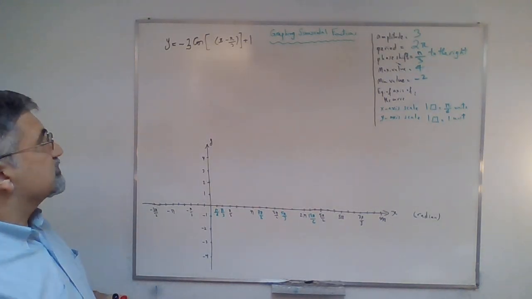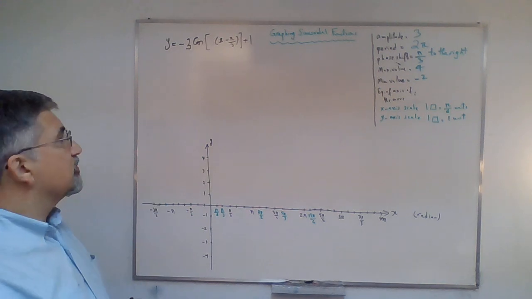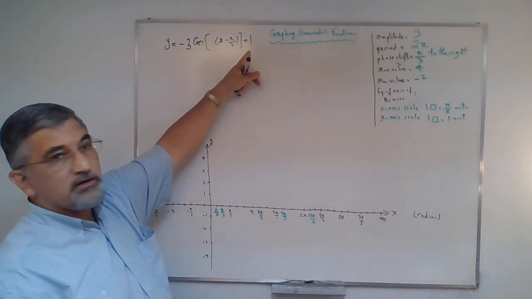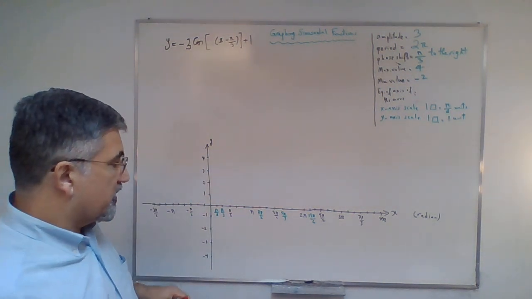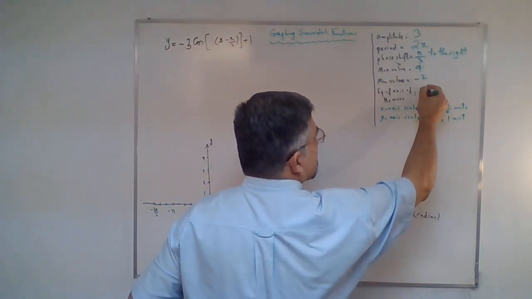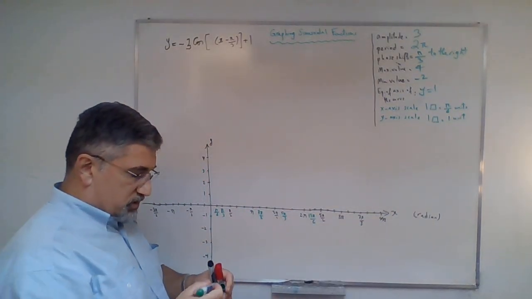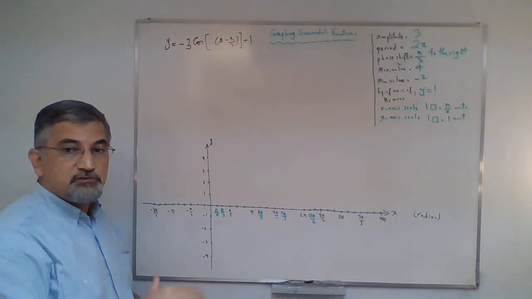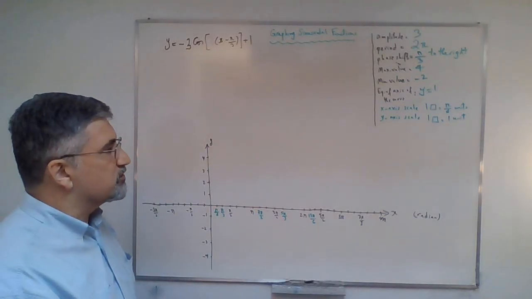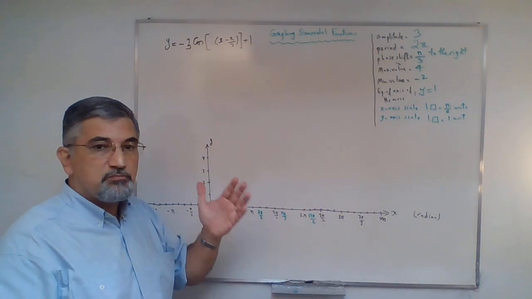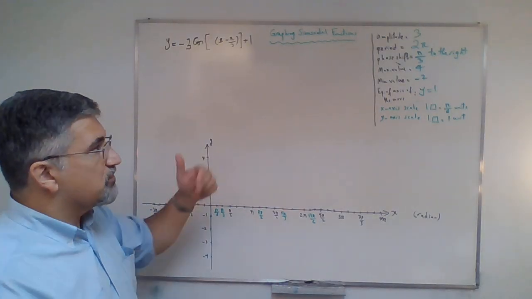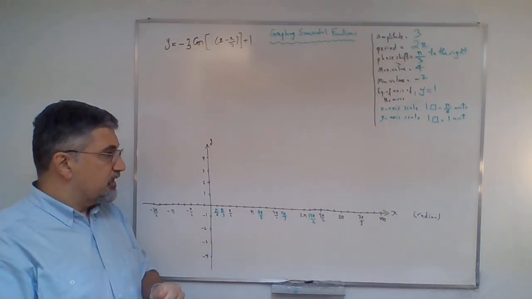Equation of axis of the curve: we can look at the 1, the value here that is added. So it will be y equals 1, which is showing the amount of vertical shift up by 1 unit. So step 1 is finished. We identified all the properties of the function, max value, mean value, all of that.